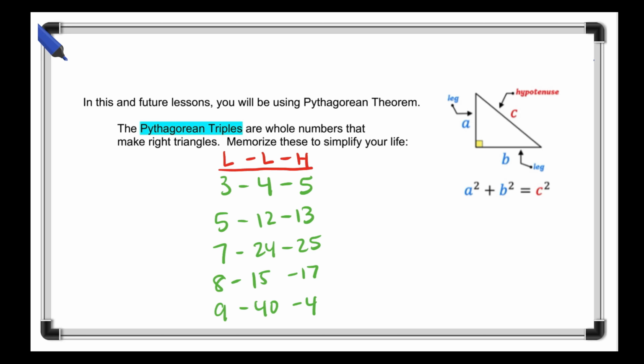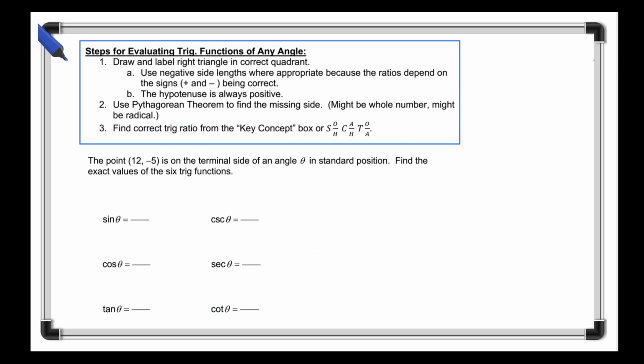Now we're going to look at the steps to evaluate trig functions of any angle. Here you have your steps right at the top. We're going to figure out where our angle needs to be. The first thing you want to do is draw and label the triangle in the correct quadrant. If I look at my point, I have x and y.